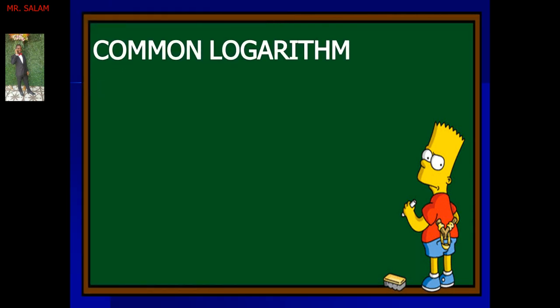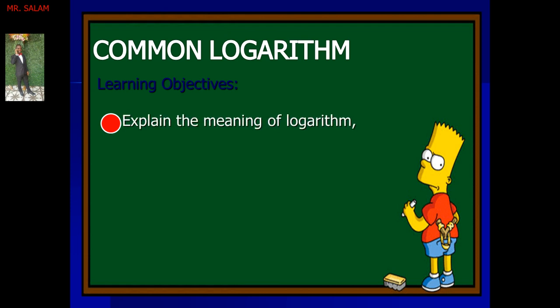At the end of this topic on common logarithm, we should be able to look at the following aspects. Number one, you should be able to explain the meaning of logarithm.